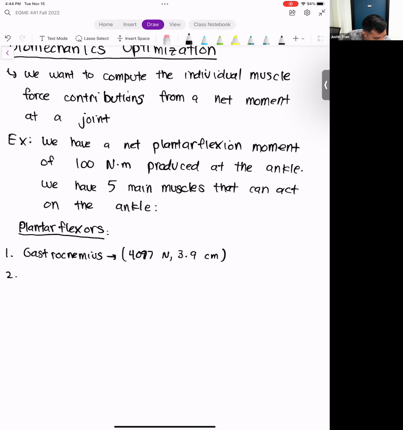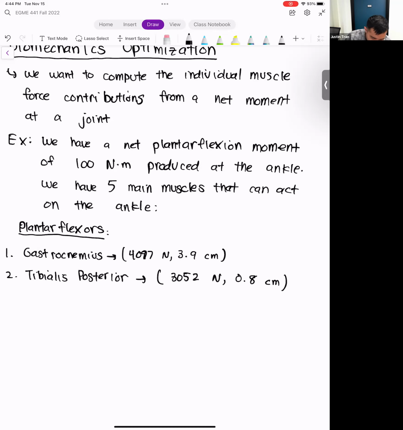The second muscle that can produce a plantar flexion moment is called the tibialis posterior. The maximum amount of force the tibialis posterior can exert is 3,052 newtons, and its moment arm is 0.8 centimeters.